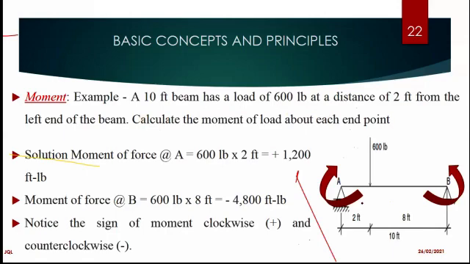Then the distance from B to where the 600 pound has been exerted is 8 feet. The total span between A and B is 10 feet. So, find the moment about A. When you are looking for the moment about A, you forget about B. The support at B does not exist.